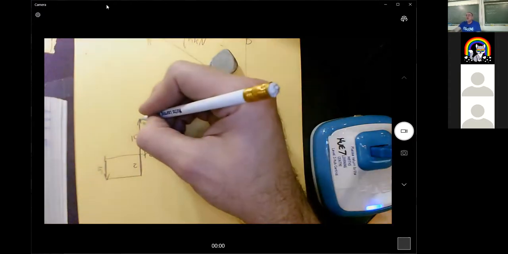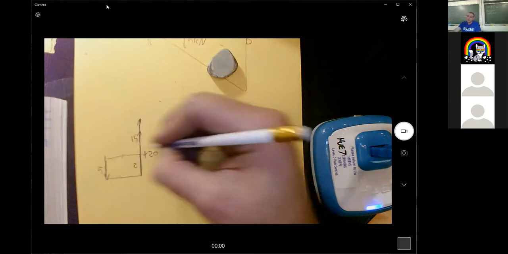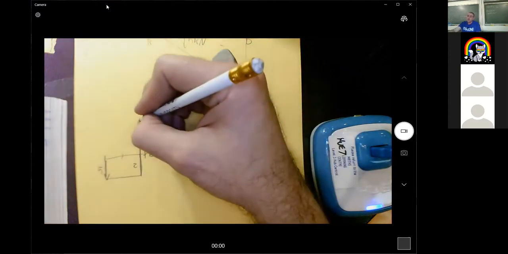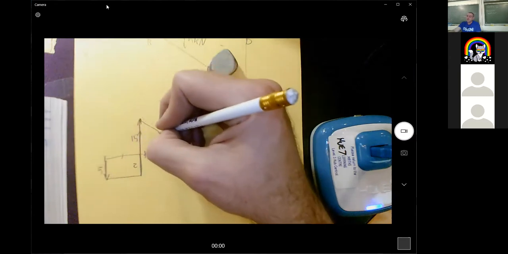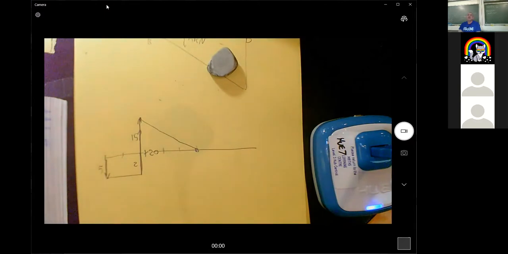And then we go down at a slope of 5. So every 1 across is down 5, so it'll go down 5 and down 5 and down 5 again, and then it will hit the line.